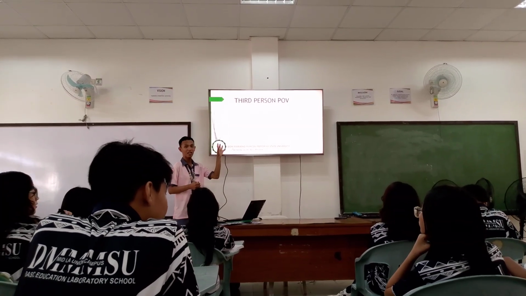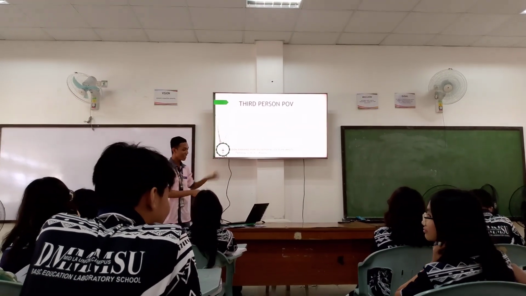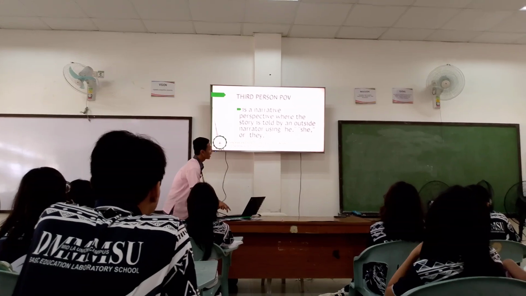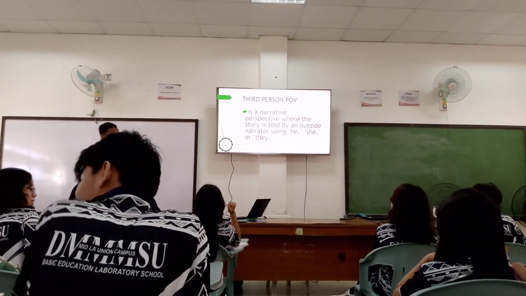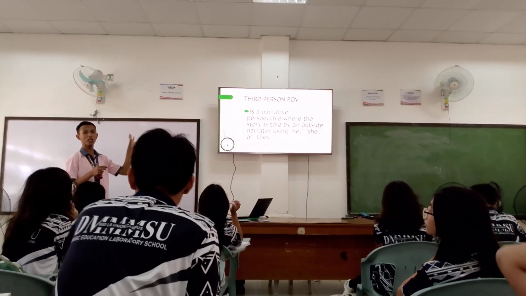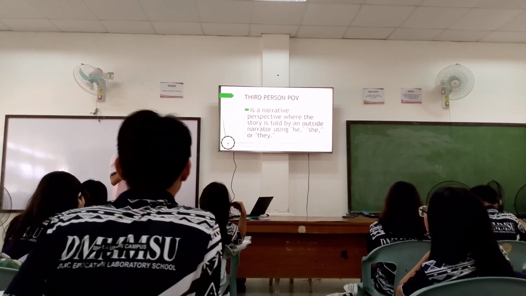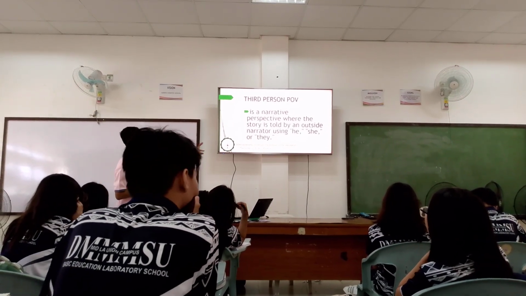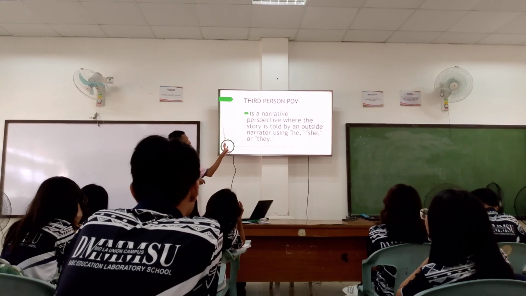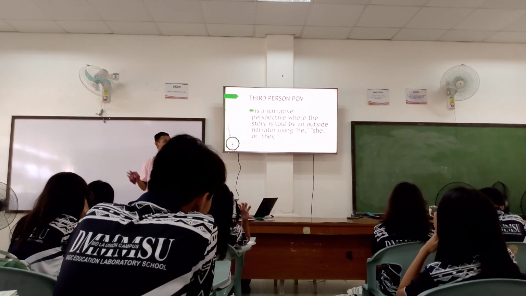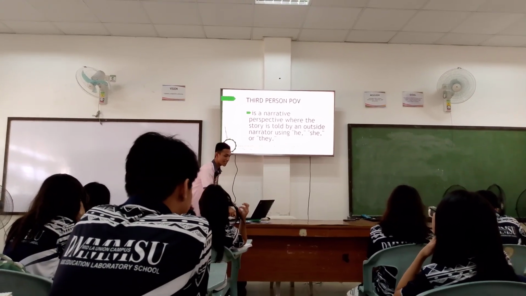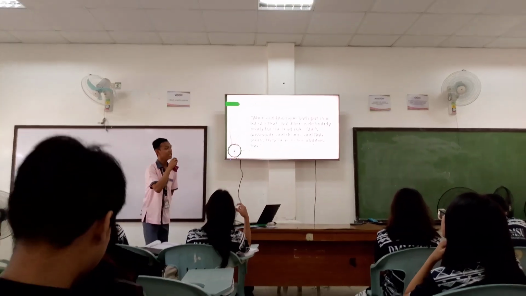The pronoun that is used is he, she, or they. If you are going to identify a sentence or a scenario, and you see the pronoun he, she, or they, meaning that is a third person point of view. For instance, can you read the example?